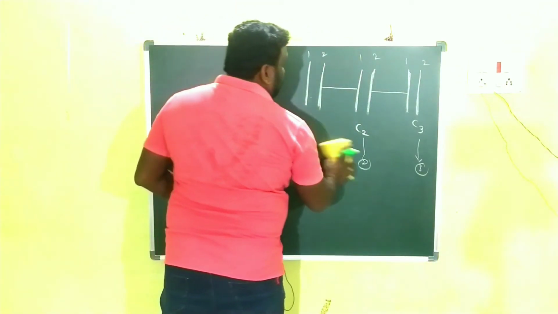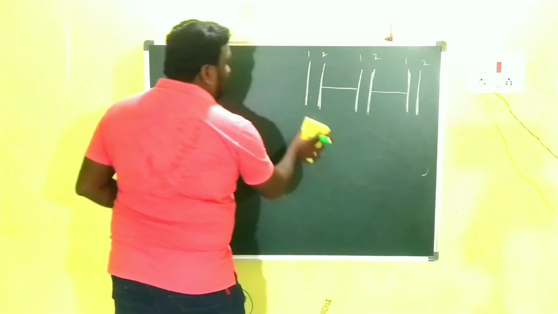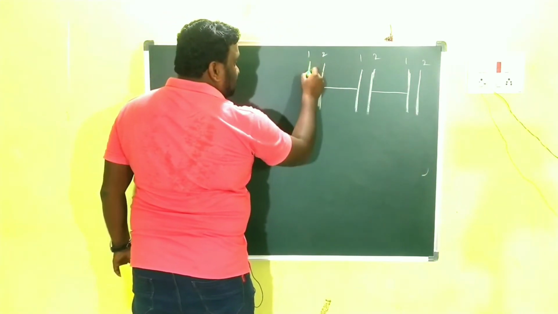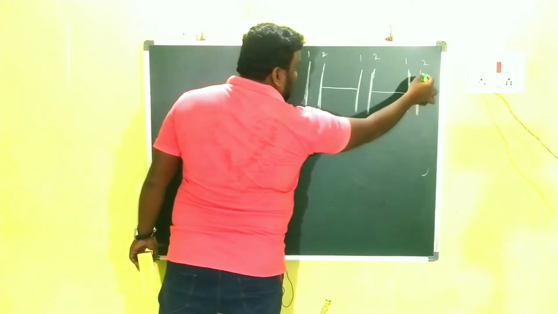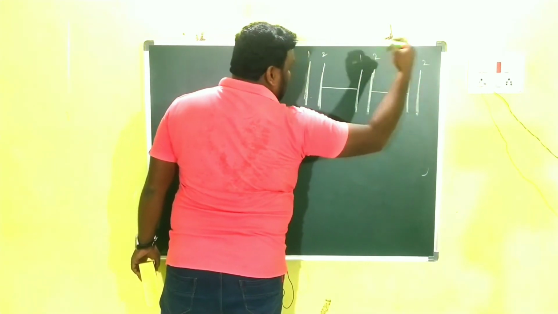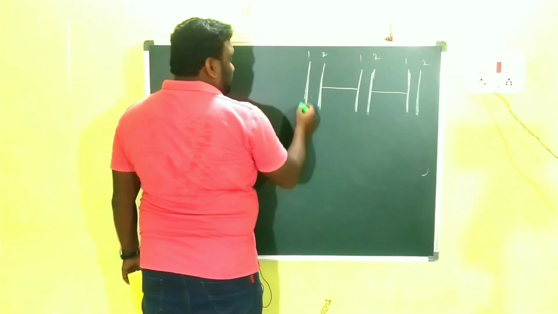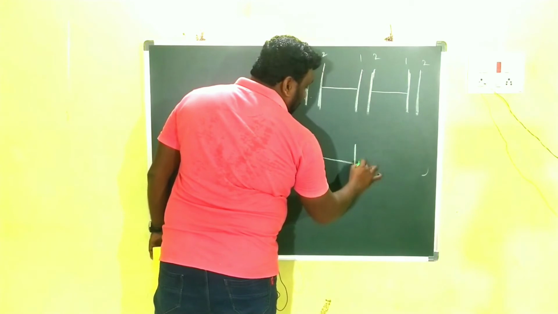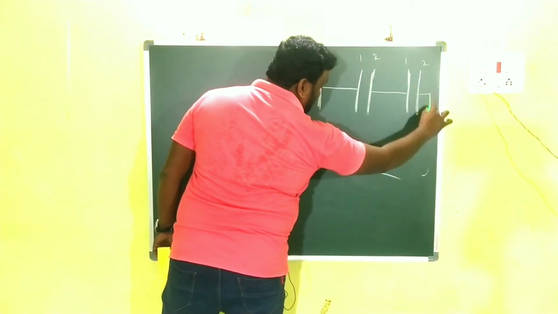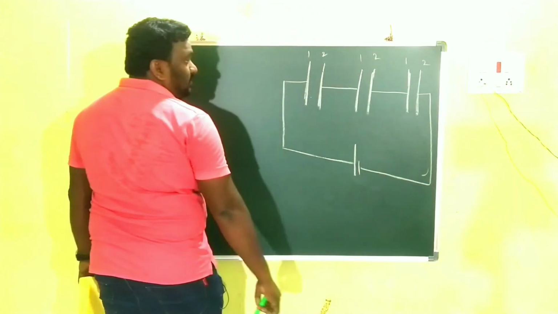Finally, what you have to observe here: the first plate of the first capacitor and the second plate of the third capacitor, these two are given to the opposite terminals of the battery. Clear?